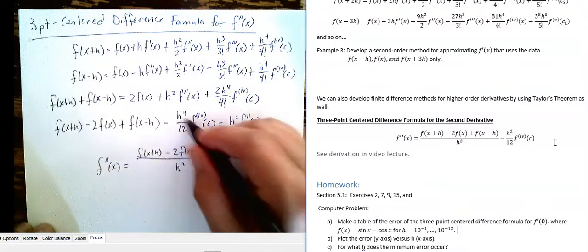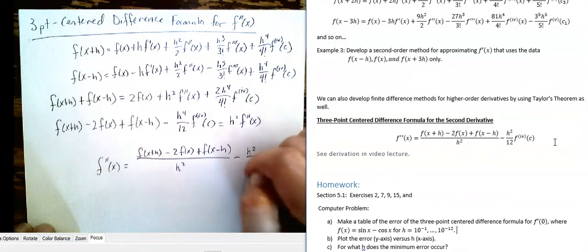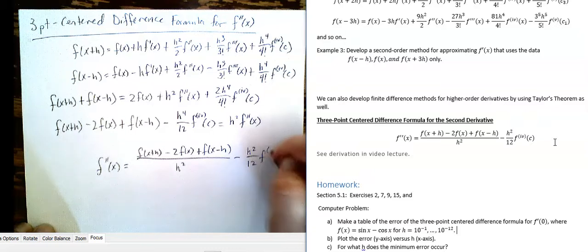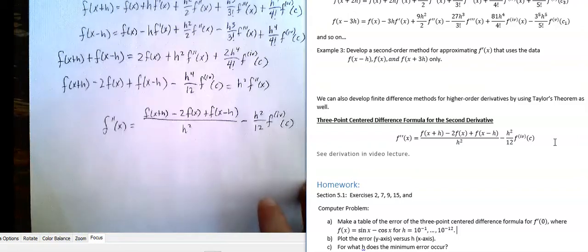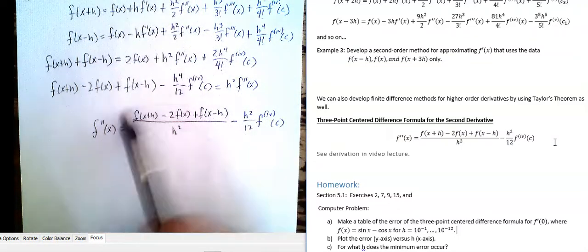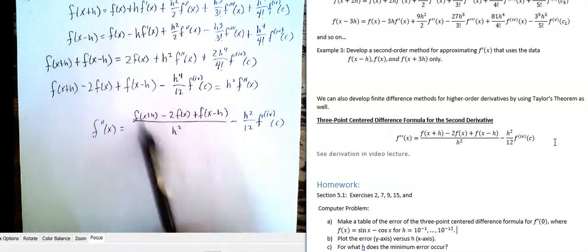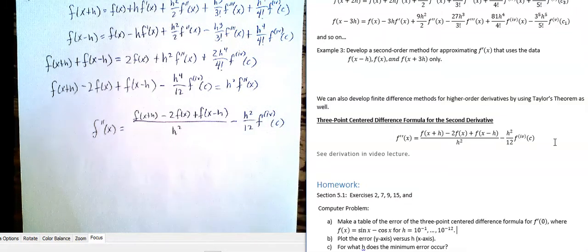So again, we're dividing this guy by h squared, so it's going to become h squared over 12 f quadruple prime at c. So we can use this as an approximation for the second derivative. The second derivative will be approximated by this expression right here with this amount of error. It's second order, so we should expect it to be pretty good if h is small.